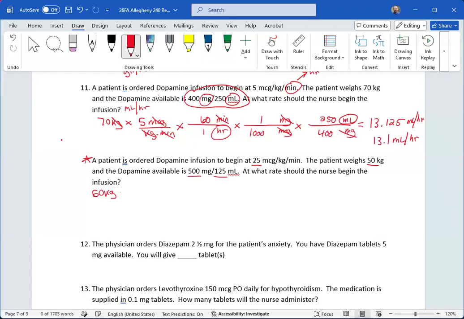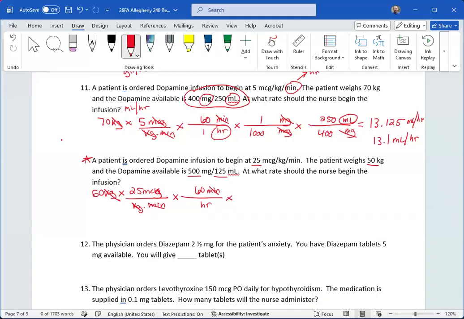Okay. So 50 kilograms times the 25 micrograms per kilogram per minute. So kilograms is gone. Then I'm going to convert minutes to hours. So minutes is gone.